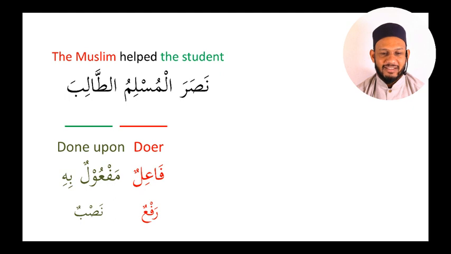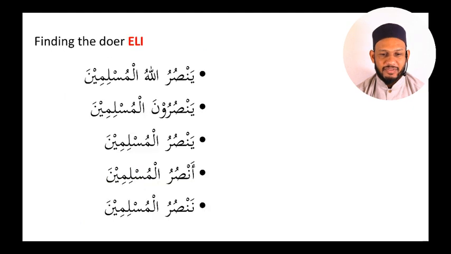Okay. Now, just in terms of finding the doer. Once we have a verb and we need to find the doer, the fa'il, the subject, we look in 3 places. We look at the end of the verb, we look to the left of the verb, or if you can't find it at the end or the left, we assume it will be inside the verb.